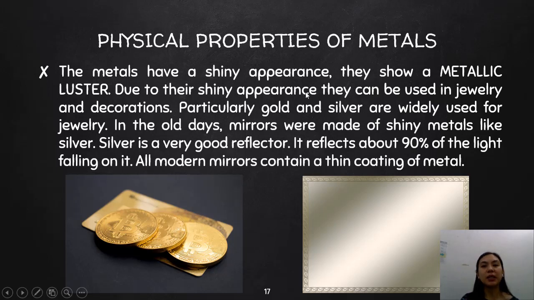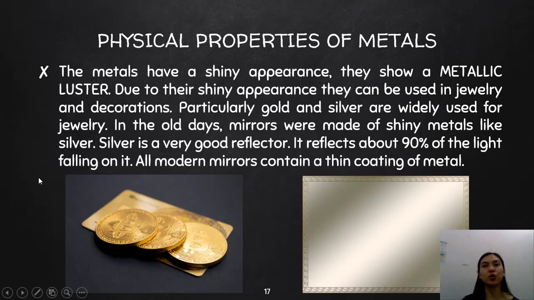Due to their shiny appearances, they can be used in your jewelry and decoration. Particularly your gold and silver are widely used for your jewelry. In the olden days, your mirrors were actually made of shiny metals like your silver, since silver is a very good reflector, meaning that whenever a light passes through your silver, it reflects 90% of that particular light.